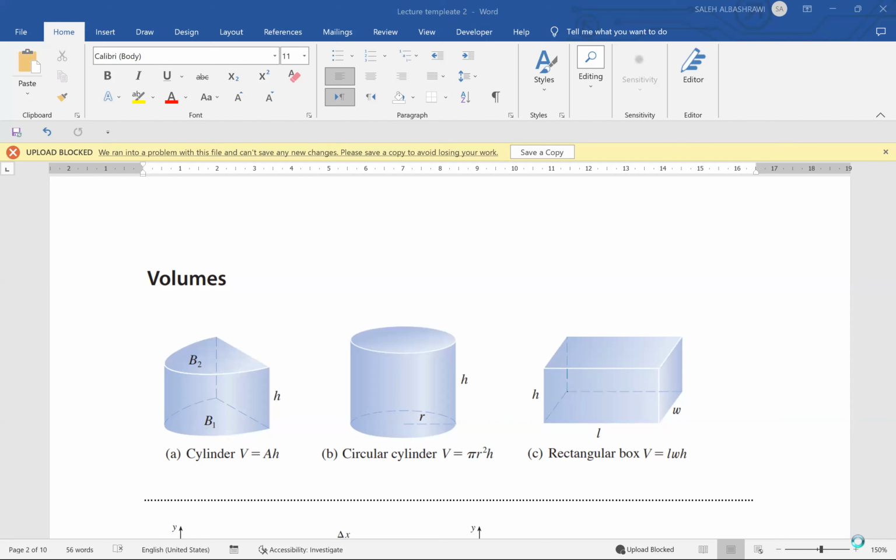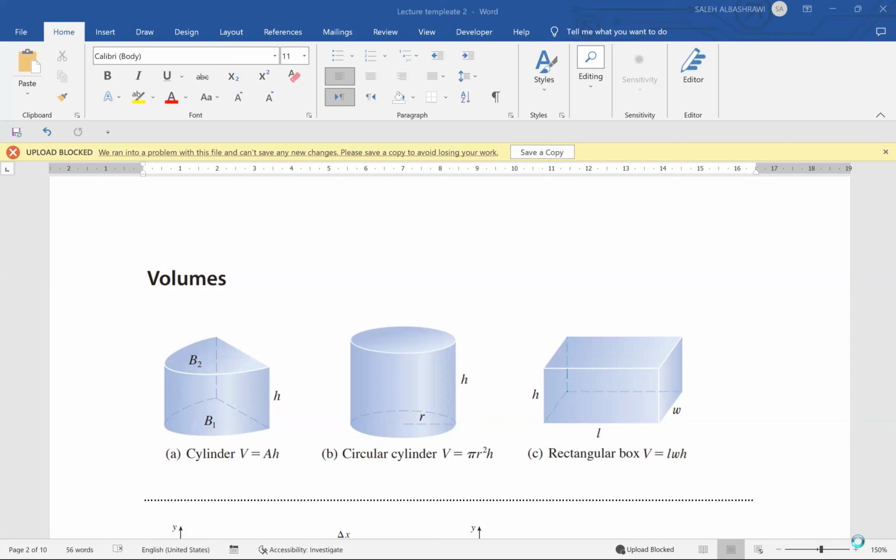In this lecture, we're going to speak about finding the volumes for irregular shapes. As we did for the area, we have some shapes that are regular, in which we can find the area directly by the formula, for example, a triangle, which is half the base multiplied by the height, or a rectangle, where the area is equal to width multiplied by length, or a circle.